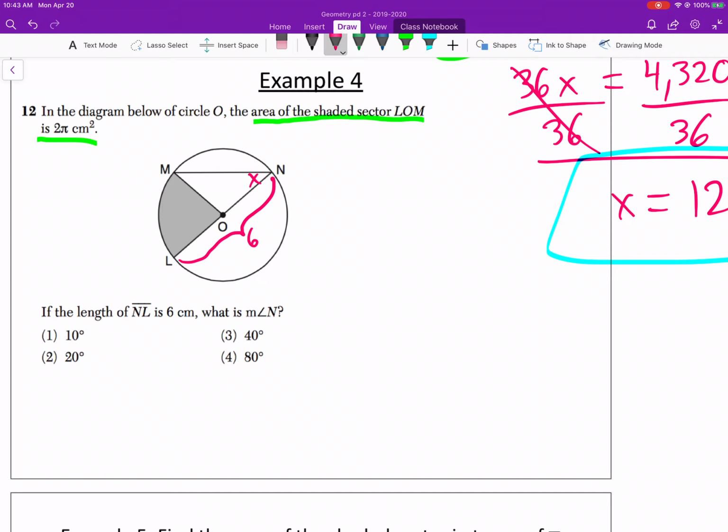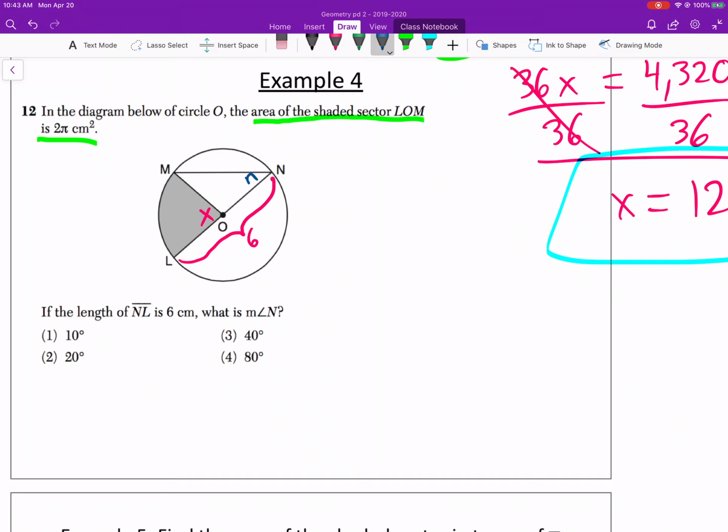So what we have to do here, guys, is actually find the central angle there, because all we know is the area of that sector. If I know the area of the shaded sector, I can do what we just did to find the central angle, and that should allow us to find angle N. I'm going to call that N, so that it's not the same as X. So we're going to find X. Now, we need the central angle.